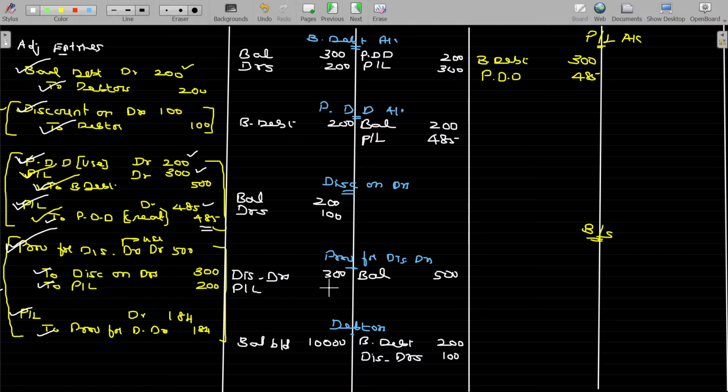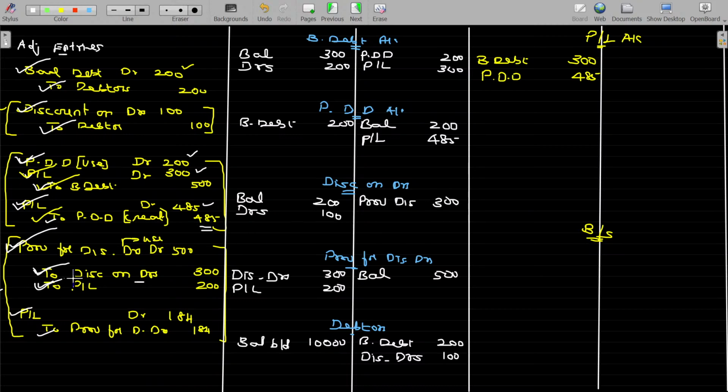Profit and loss account 200 rupees. Discount on debtors, in discount on debtors, by provision for discount on debtors, the value being 300.